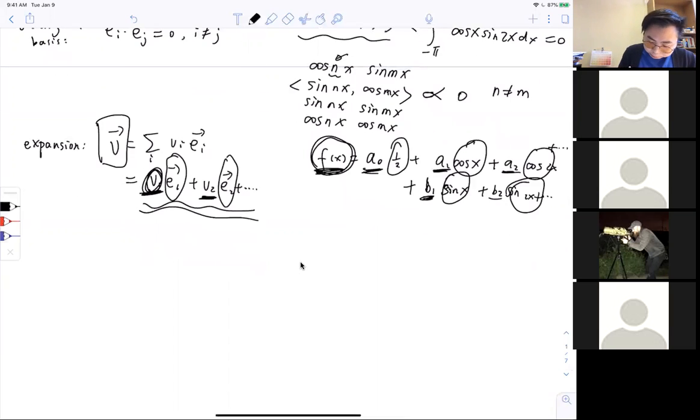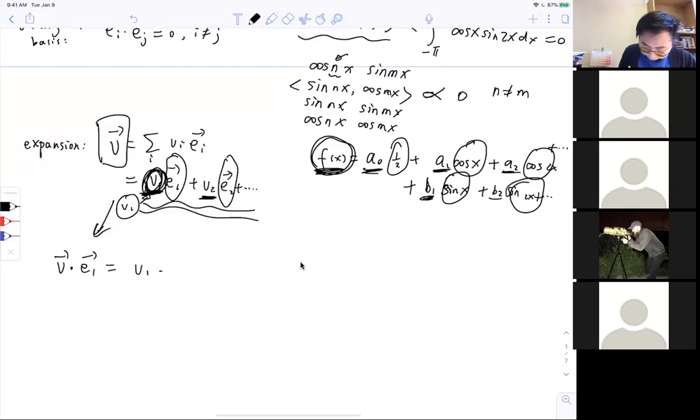And also we know that for the vector, to get a coefficient, for example, if we want to get v1, then we just need to dot e1 on both sides.